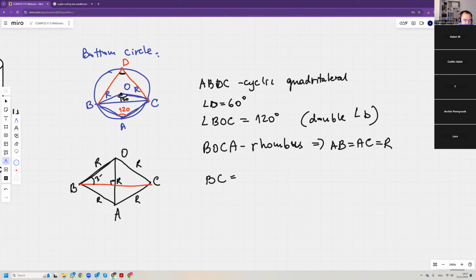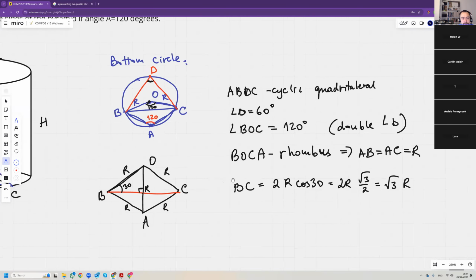So this is 30 degrees, and BC is 2 times R times cosine 30 degrees, which is 2R square root of 3 over 2. So it's square root of 3R. So BC is square root of 3R.